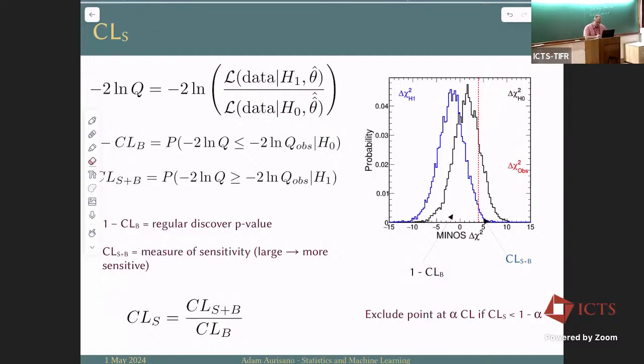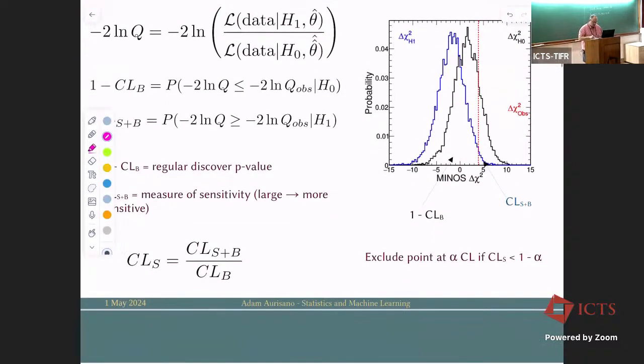And what we do then is we compute 1 minus CLb, or you can actually think of it as CLb, which is your normal discovery p-value here, right?